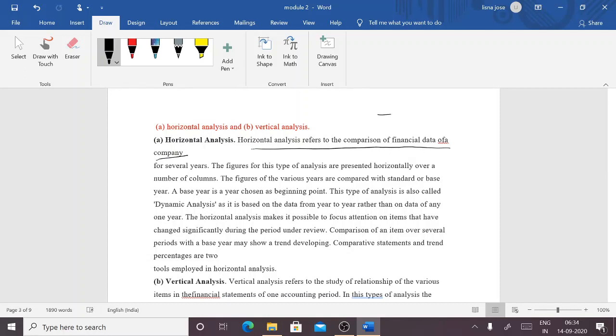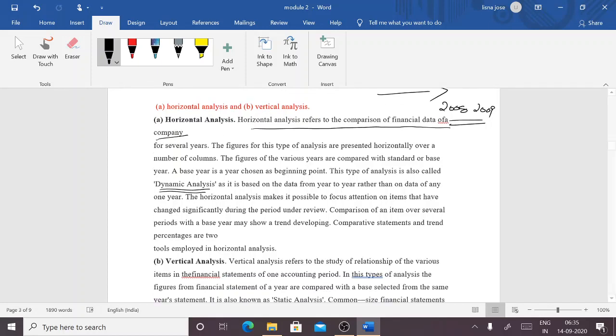Horizontal means moving like this. So we are comparing the financial statement of the company of 2008 with 2009, the items in the two years. This is horizontal analysis, and this type of analysis is also known as dynamic analysis.